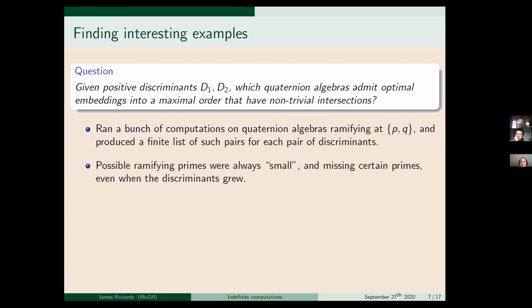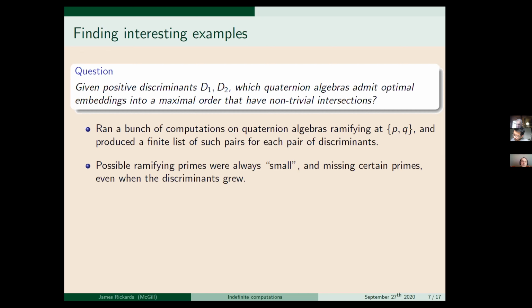When doing this, the list was always, obviously, finite because there's only finite computing power, but all the primes that appeared were always small. And there were certain primes that were missing. Even as P and Q grew large, at some point you stopped seeing any intersections whatsoever. So this was already good evidence towards there being something interesting going on.